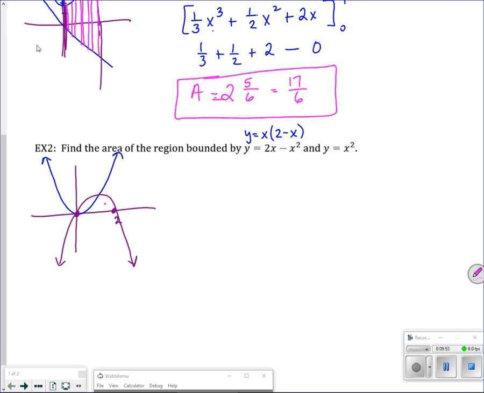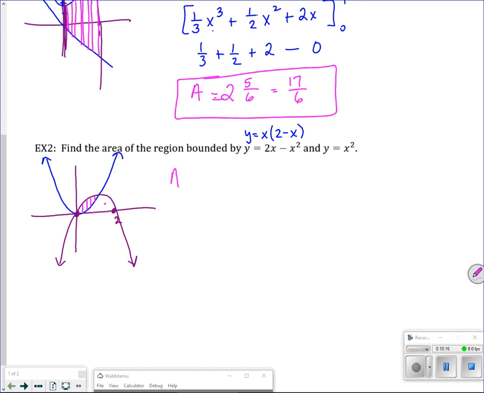So although this region looks bounded because of this x-axis, the x-axis was not an equation that they said bounded by. So there's only one bounded region, and that's this region in here. And that's what I need to find the area of. So that is my bounded region.